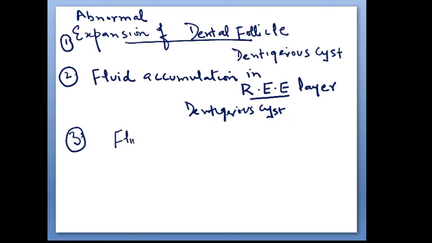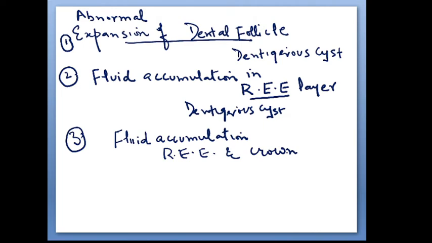So, in case of dentigerous cyst, we have to remember it can arise from expansion of the dental follicle, it can arise from fluid accumulation within the REE layer, or it can arise from fluid accumulation between the residual enamel epithelial cell layer and the crown of erupted teeth. All these are possible mechanisms for formation of dentigerous cyst.